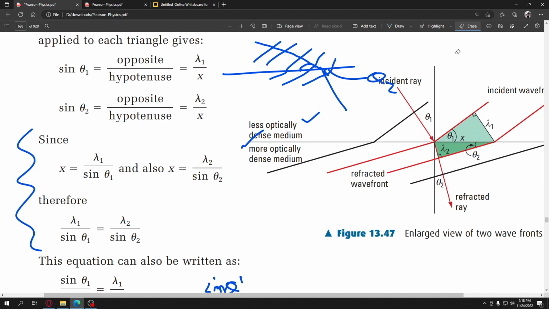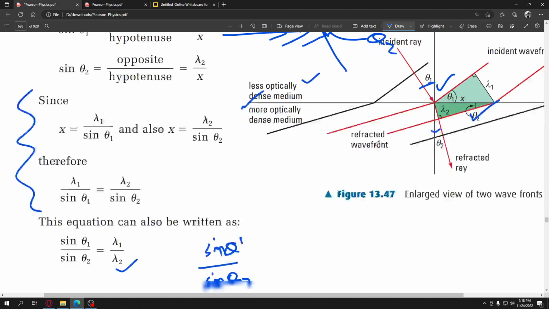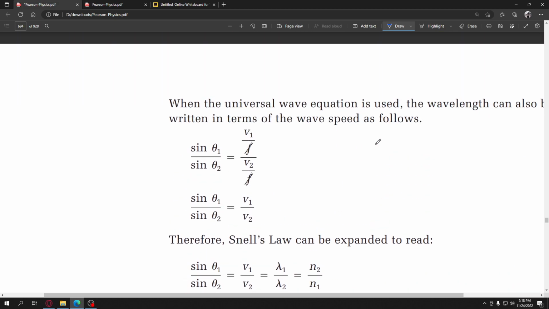Let me just erase all of this. So make sure you understand theta 1 and theta 2. But here you can also see that this is theta 1, and this is theta 2. So keep consistency, okay? Where is theta 1, where is theta 2. There we go.